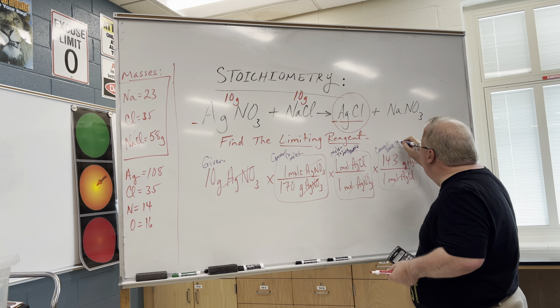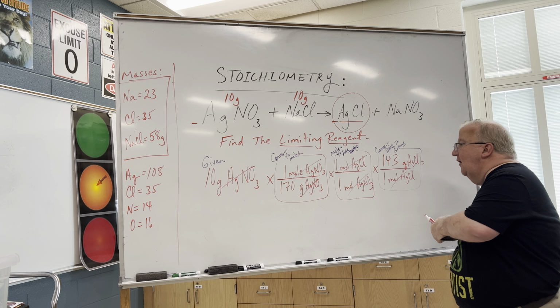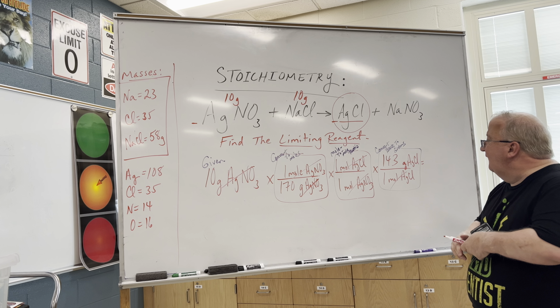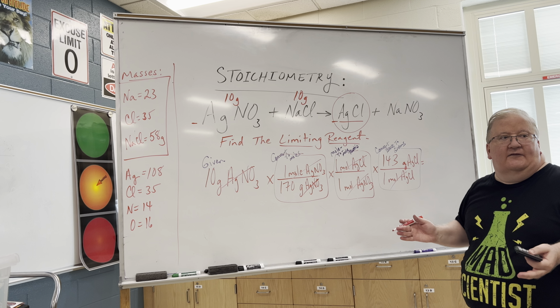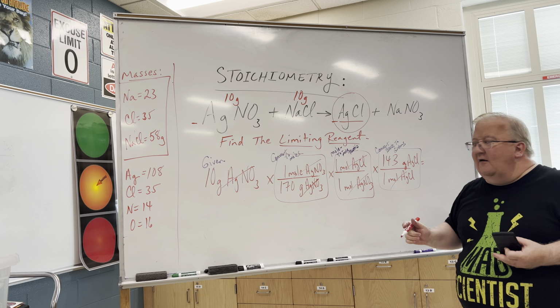Convert back to grams. Okay? All right, so when we convert back to grams, we should be able to answer the question now. Multiply all the numerator out. So if I multiply 143 by 10, I get 1,430. Now, this all happens to be over the number 170.